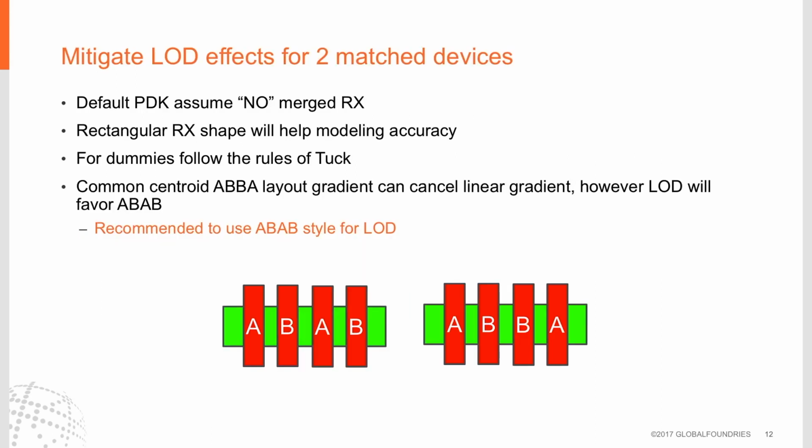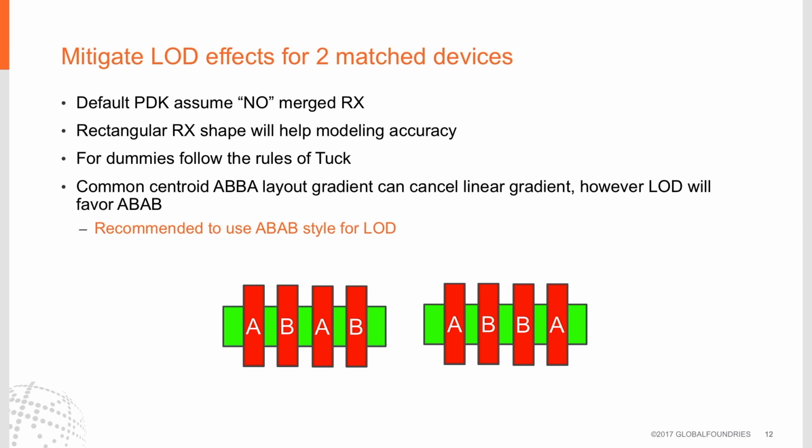To mitigate the LOD effects for two matched devices, the default PDK assumes that there is no merged RX. However, a rectangular RX shape will help modeling accuracy, and for dummies, we suggest following the rules of the RX tuck.